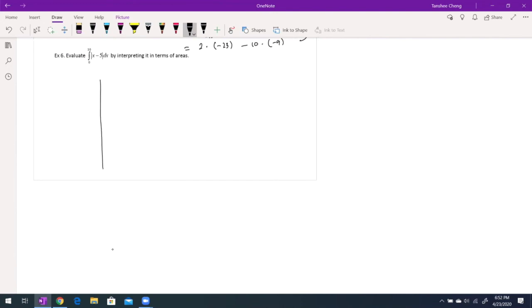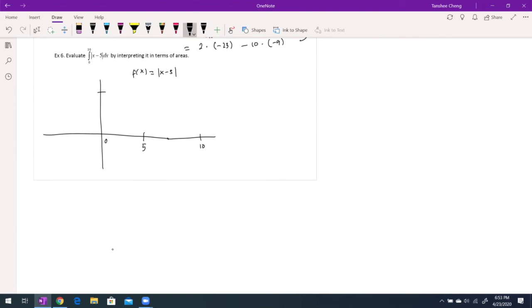So first, I can easily graph my function, f of x equals the absolute value of x minus 5. That is a V shape moved to the right 5 units. Now this is my lower bound 0 and this is my upper bound 10, and that's why I put it here from 0 to 10.